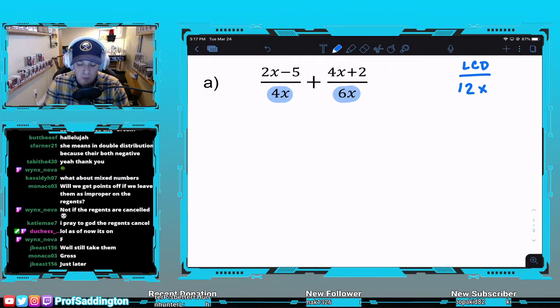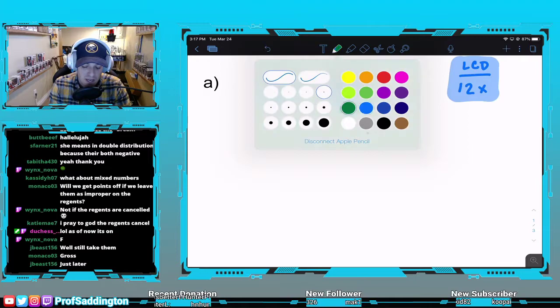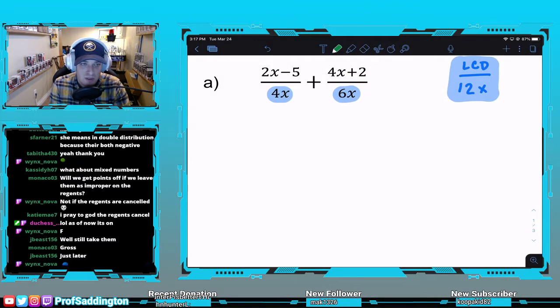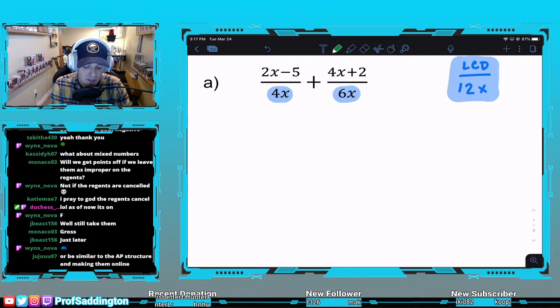So now that we know that this has to be our LCD, we just have to multiply it through to make sure that we match it. So if we look at that first one, and you know what? I'm not going to use the x for multiplication. I'm going to use a dot, because now that we're going into variables, I don't want to confuse anybody.